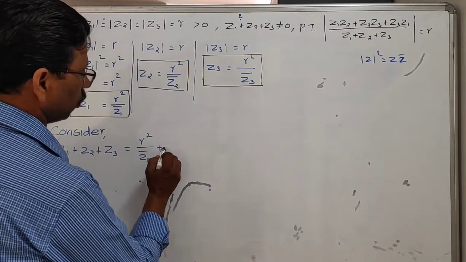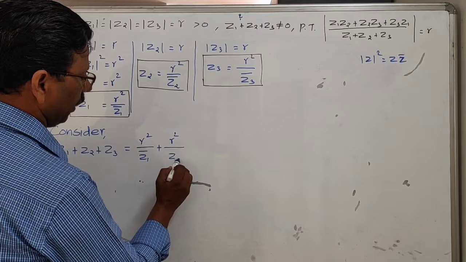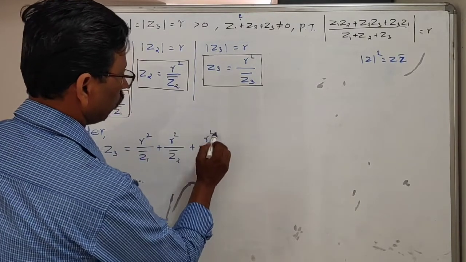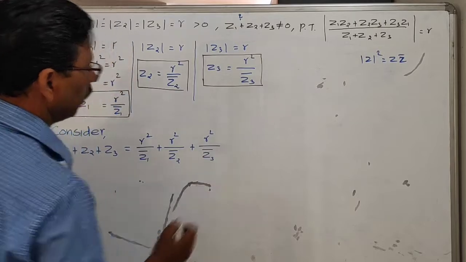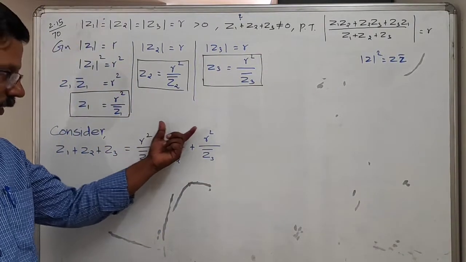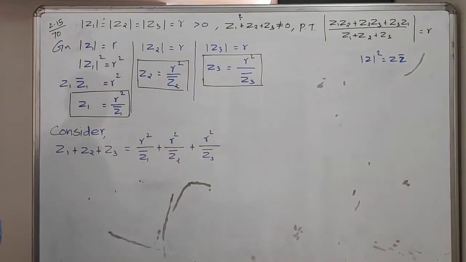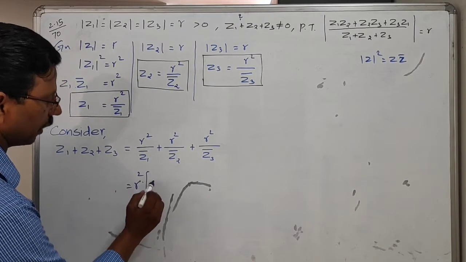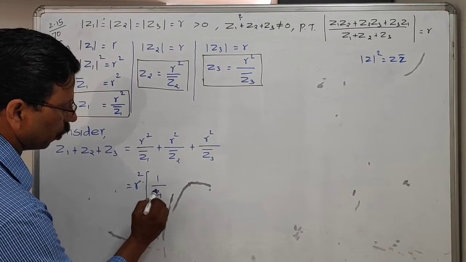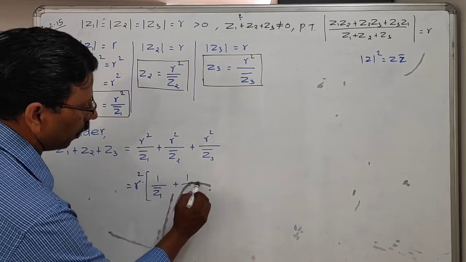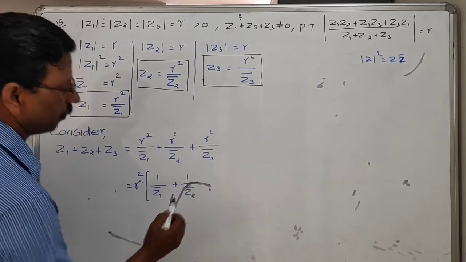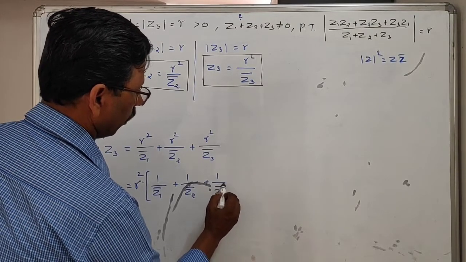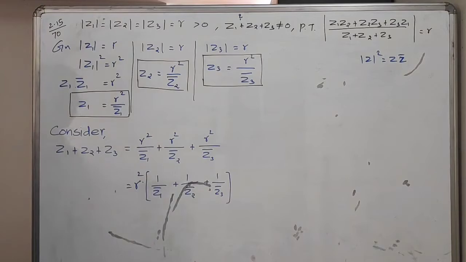Then plus, what is Z2? R square by Z2 bar. Plus, what is Z3? R square by Z3 bar. From these, we can take R square commonly outside, then you get 1 by Z1 bar plus 1 by Z2 bar plus 1 by Z3 bar. That you can write. Okay.